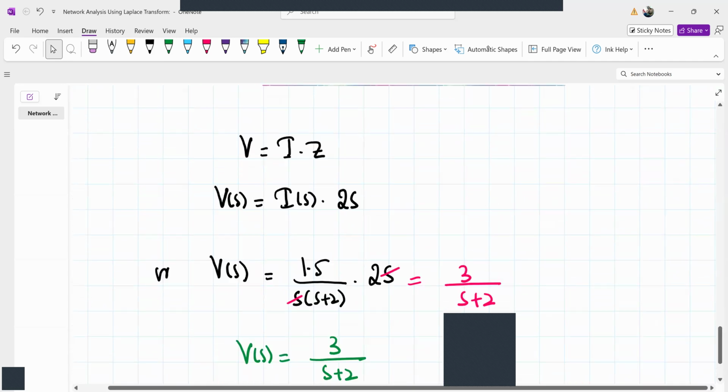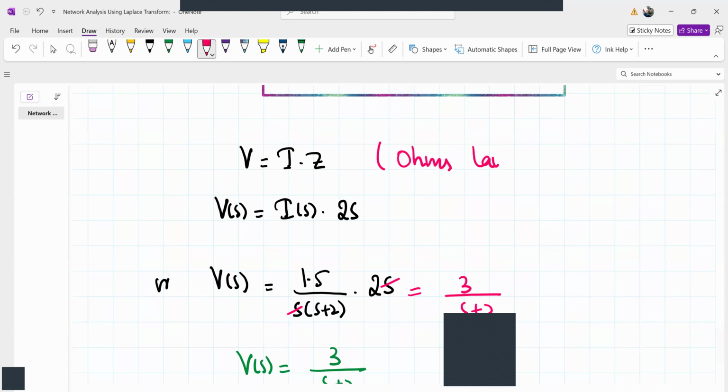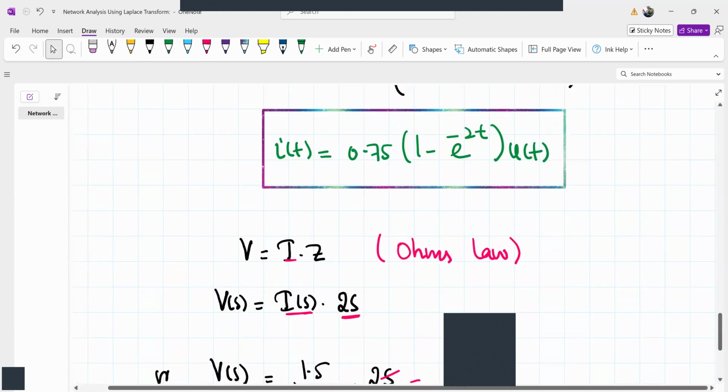Remember, this is called Ohm's law for impedance: the voltage across the element is current multiplied by impedance. Now the impedance offered by this inductor is 2s, multiplied by the current. Current we already know, it is equal to this. So this is how we find other parameters in the circuit.